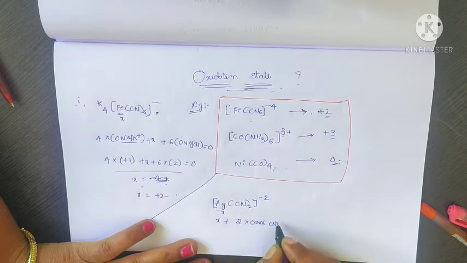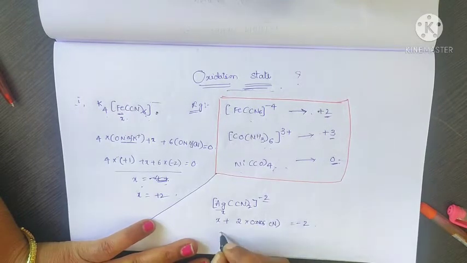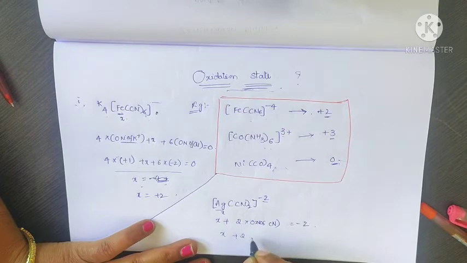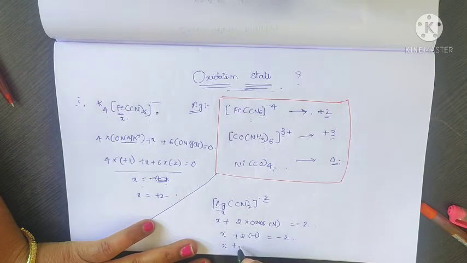So X plus 2 into the oxidation state of cyanide ion equals the whole complex ion charge, minus 2. So X plus 2 of minus 1 equals minus 2. So X is 0. So the oxidation number of silver ion is 0.